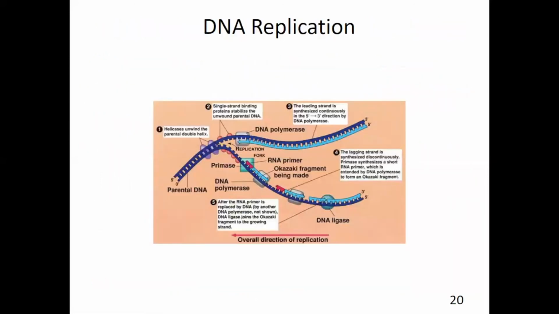This final figure is a great overall view of the main steps of DNA replication. We start with helicase, that is unwinding the parental DNA. We make sure to include those single-stranded binding proteins that help keep the separated parental strands separate.